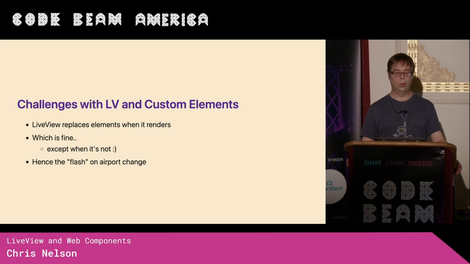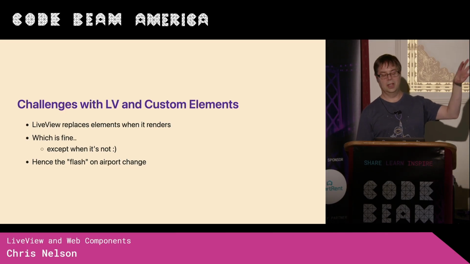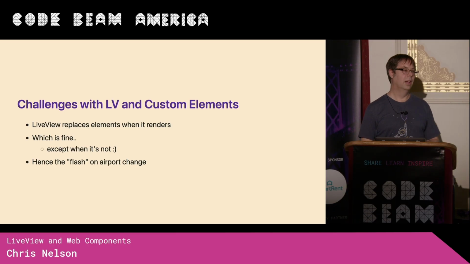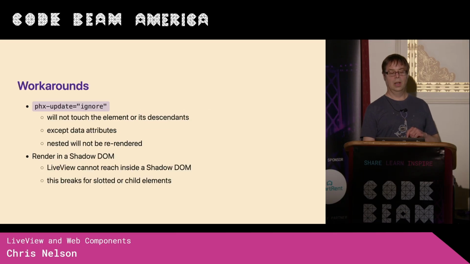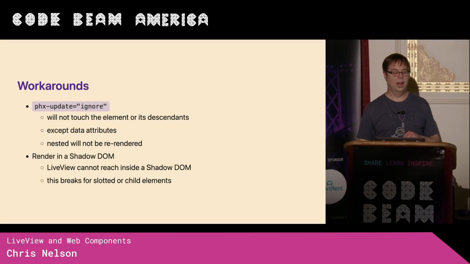And so if you look really closely at that demo, you will notice, I don't think I actually selected another airport, but if we did, you might see that that map might flash because it's being entirely replaced as a new element. So that can be a challenge in some cases depending on the kind of application that you're building. So some workarounds for how you might deal with that.